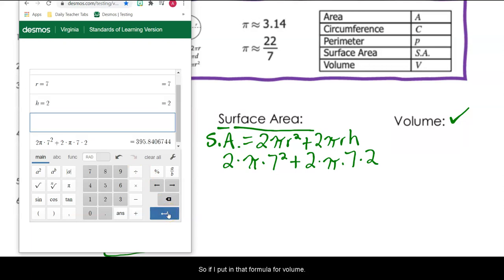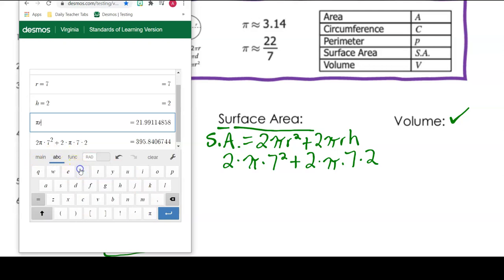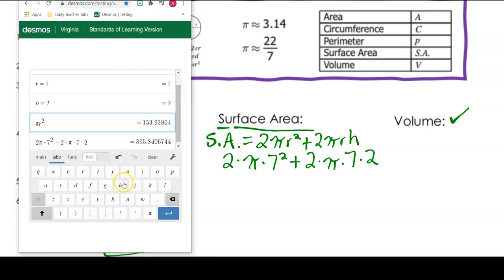So if I put in that formula for volume, pi r squared h, see, it gave me the volume.